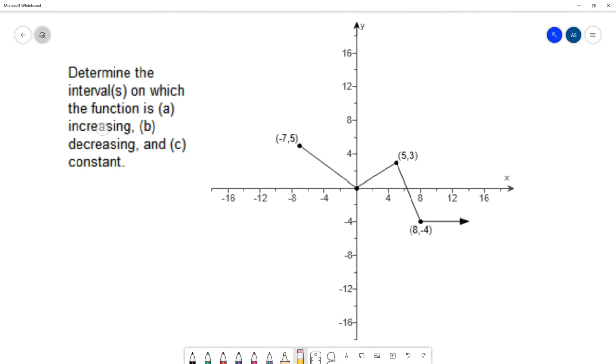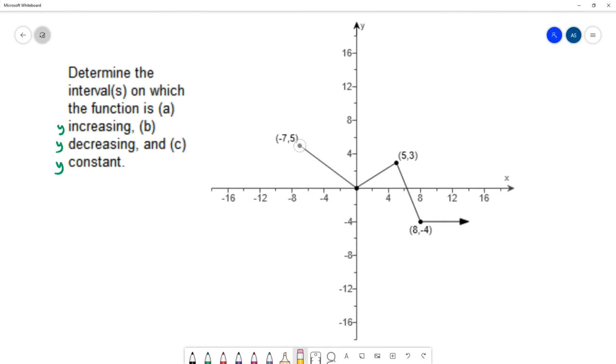These words, increasing, decreasing, and constant, are all three of them describing y. So as we examine this going from left to right, we're going to pay attention to what's happening on the y scale.